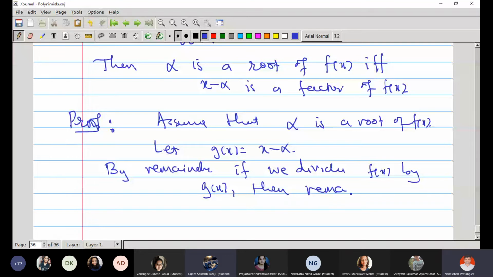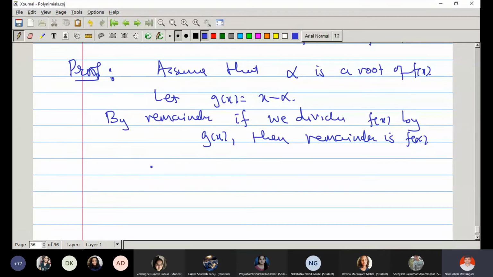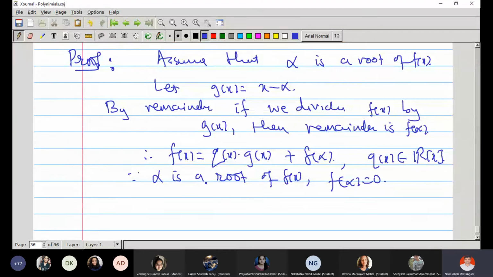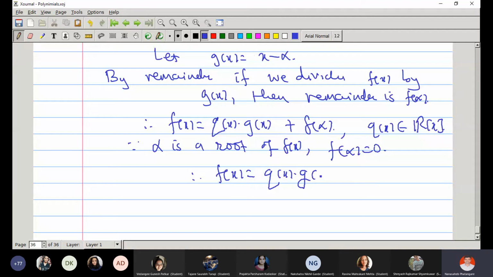So f of x is equal to q of x into g of x plus f of alpha, where q of x is some quotient in R[x]. But since alpha is a root, by the definition of root, f of alpha is 0. Therefore f of x is equal to q of x into g of x, that is, x minus alpha times q of x, and therefore x minus alpha is a factor of f of x. Factor means it divides the polynomial.